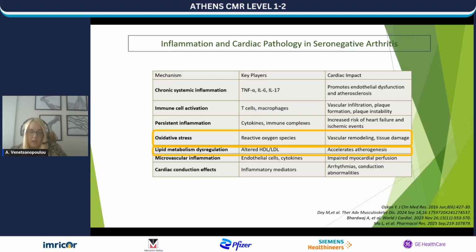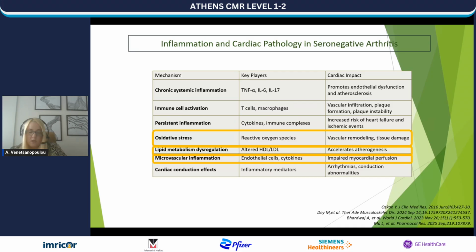Second, we have lipid metabolism dysregulation in these patients. Inflammation changes the normal balance between HDL and LDL. This shift towards a more atherogenic profile accelerates plaque development and directly links immune activation to metabolic dysfunction. And third, there is macrovascular inflammation.